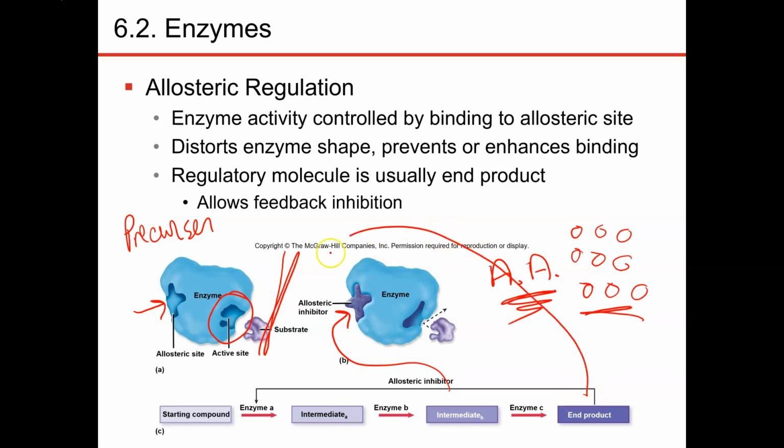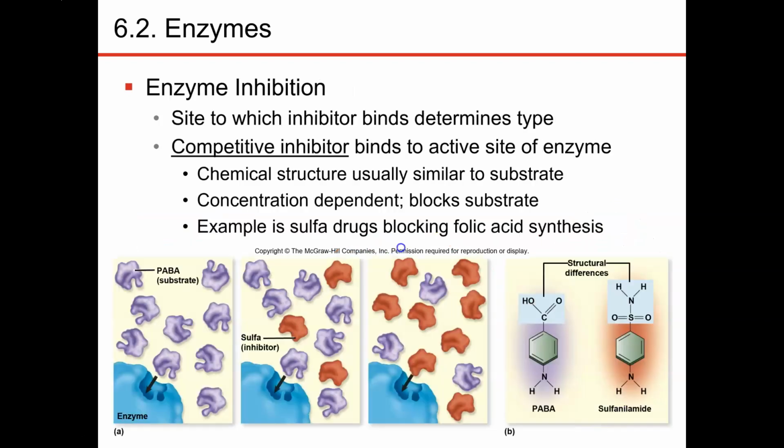Sometimes it's the end product itself that binds to say, hey, stop running this pathway until we no longer have the products. When these are being used and they go away, then this material will come out and we can run this pathway again. That's allosteric regulation.